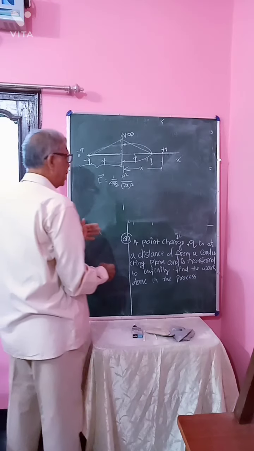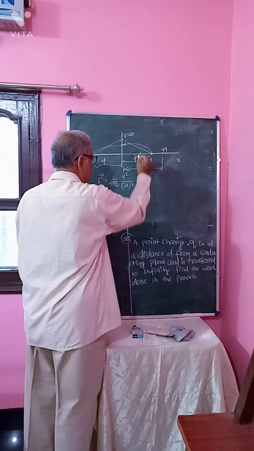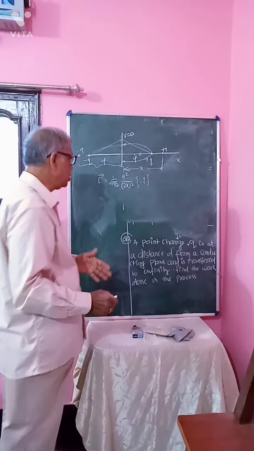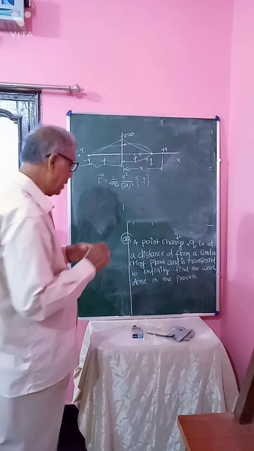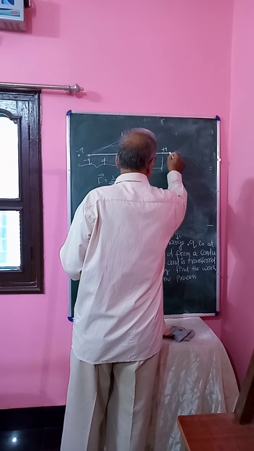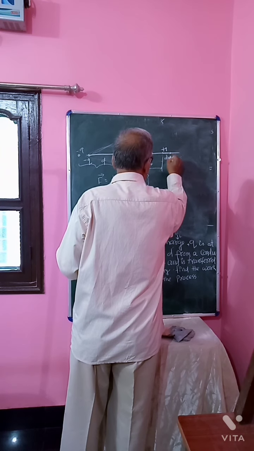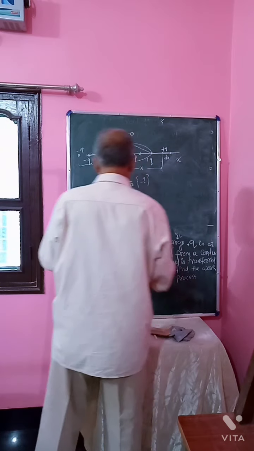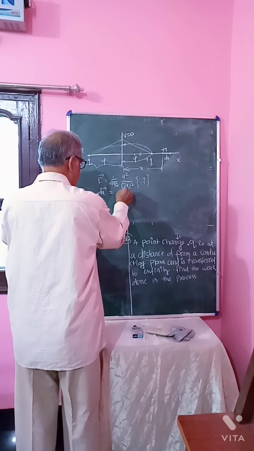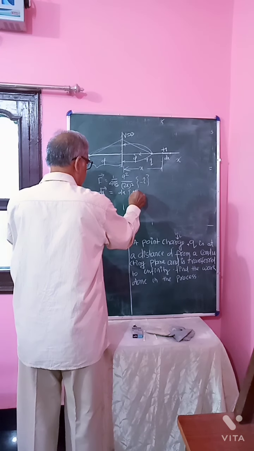Magnitude and direction is along negative x-axis, so minus i cap. And let this charge plus q be given an elemental displacement dx along positive x-axis. So dx vector is equal to dx i cap.